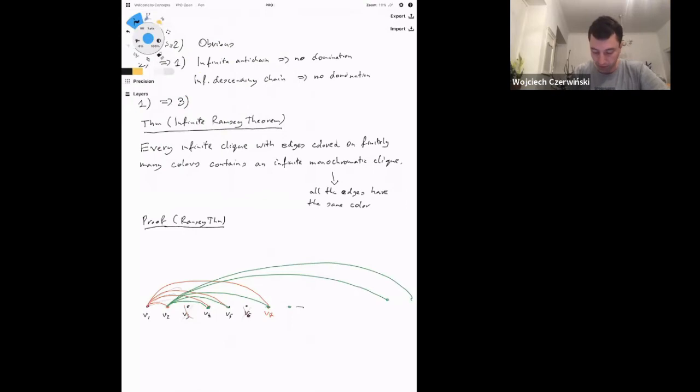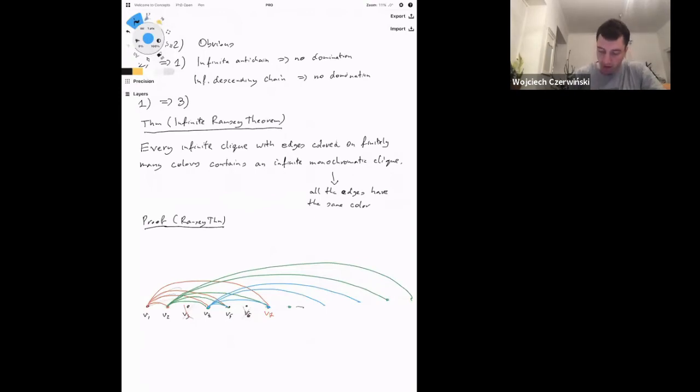Now we look at edges outgoing from V4 to something to the right, and there is some color such that there are infinitely many edges of that color. Let's say blue. And we proceed like that further to the right.